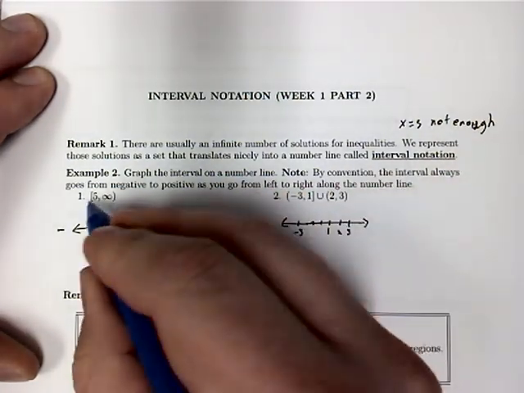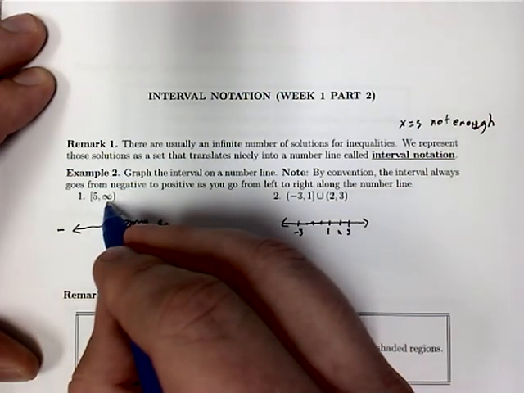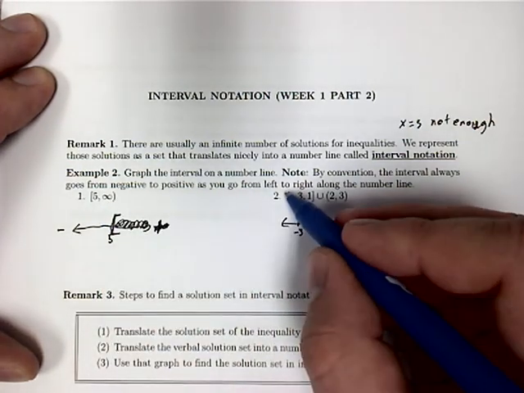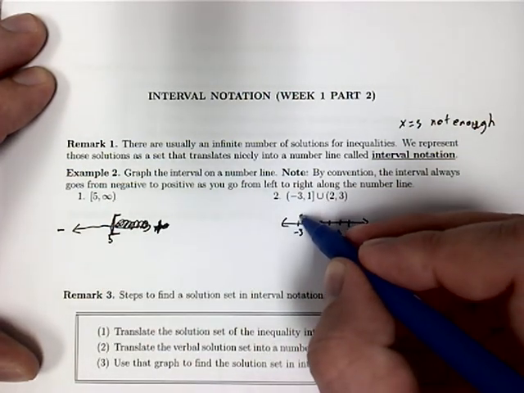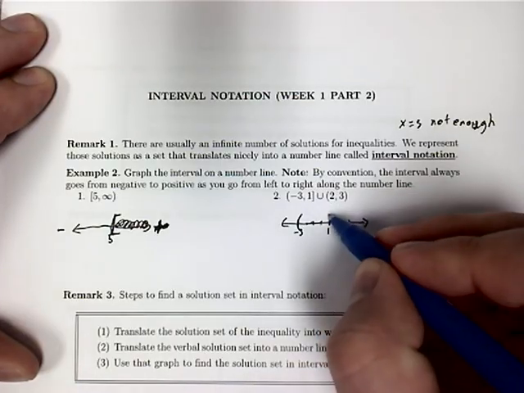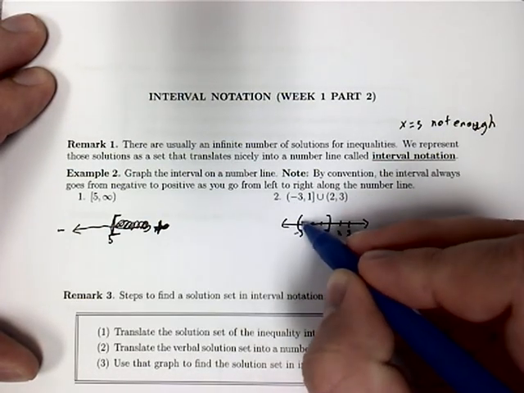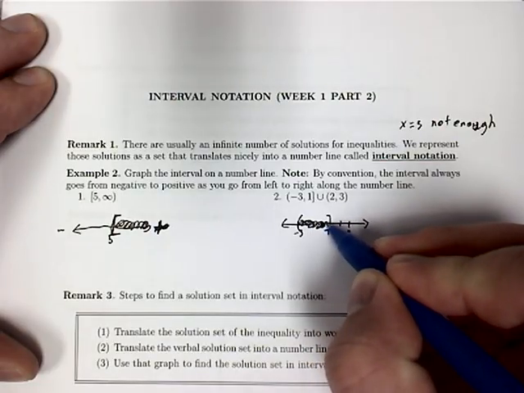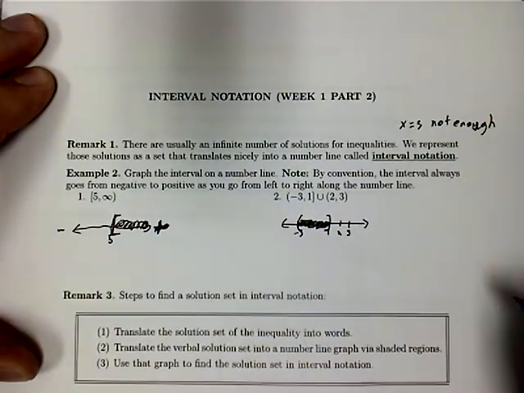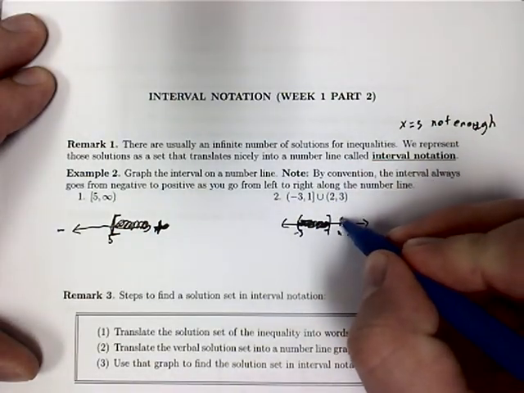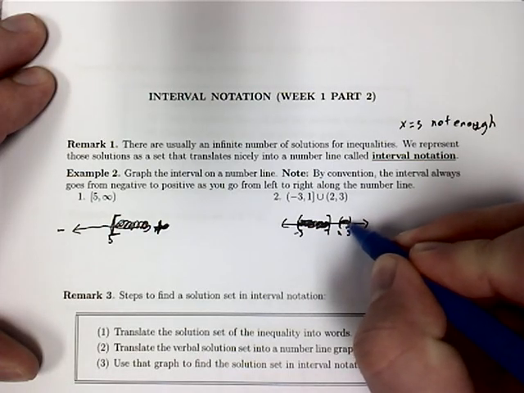Parentheses again, here we had a bracket. The infinity had a parenthesis, and we'll come back to that. The 1 has a bracket next to it. These go in the same direction, and it encloses all the numbers that would be there. 2 and 3 both have parentheses, and we can just shade in between.